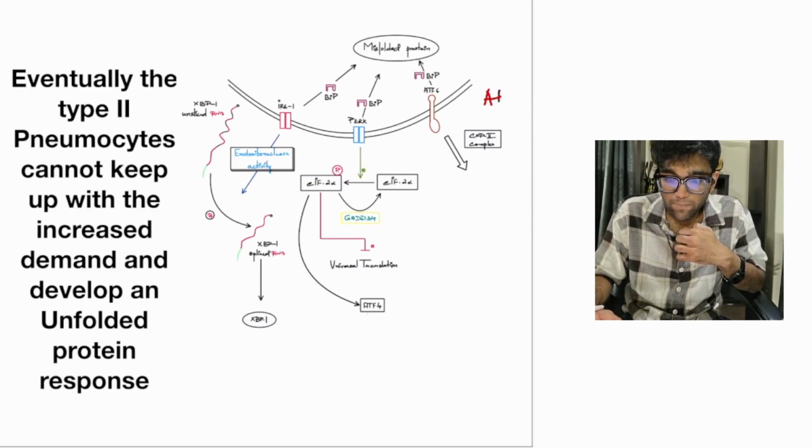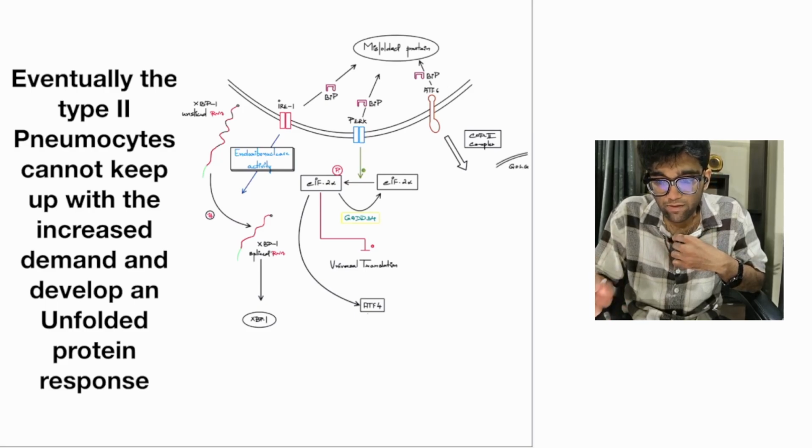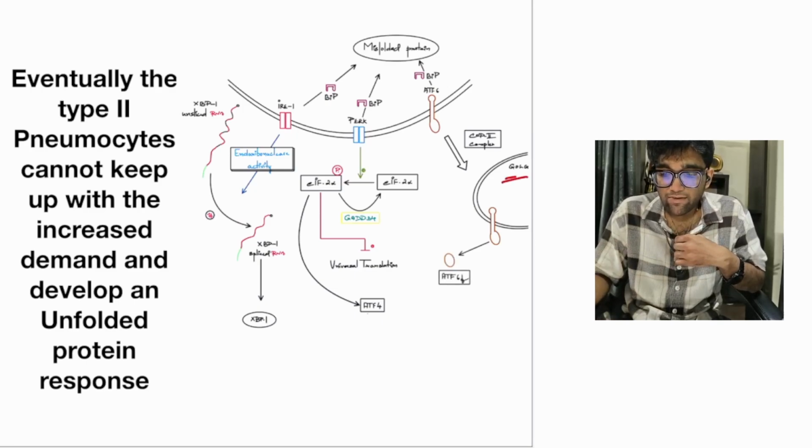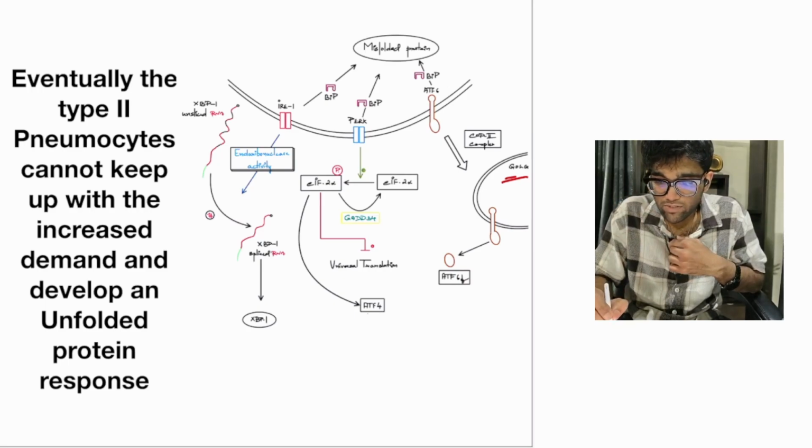But in this particular context, the ATF6 protein gets translocated to the wall of the Golgi apparatus, and there its cytoplasmic domain is cut off, and it produces a free fragment known as ATF6 free fragment, or ATF6f.